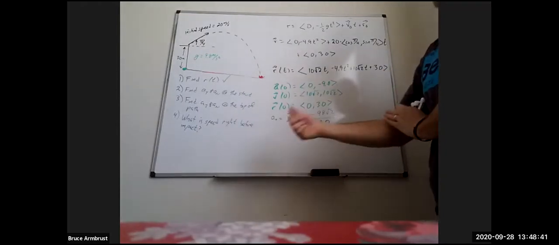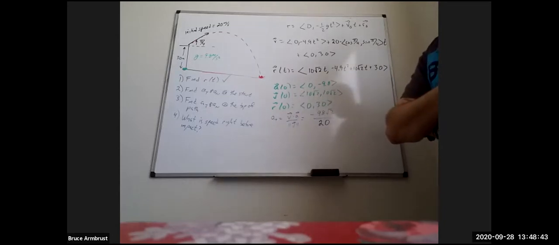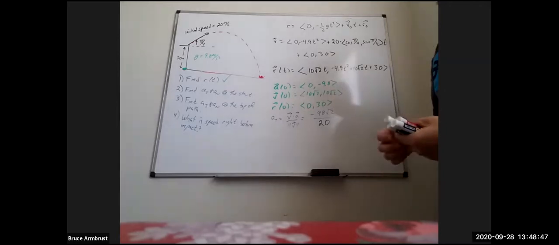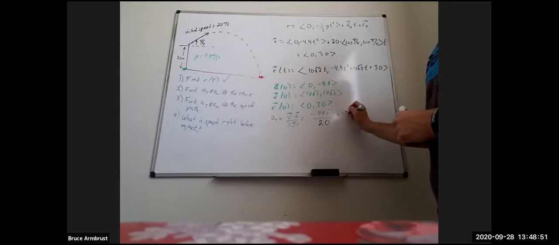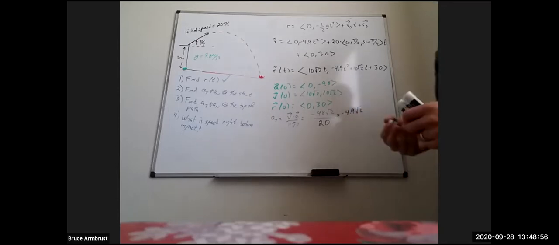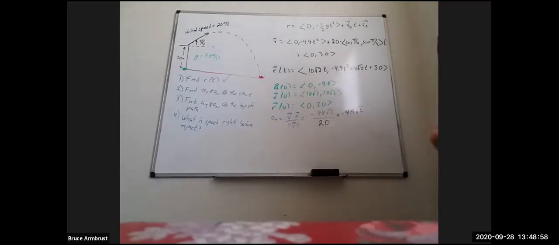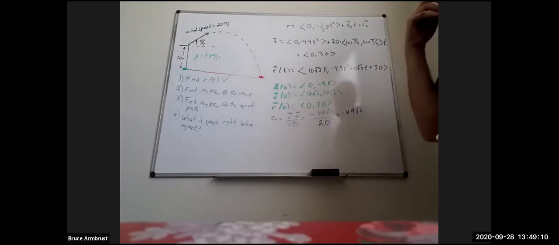And speed is the magnitude of velocity. Oh, tricky. All right, well, anyway, so this is minus 4.9 root 2, which is going to be 7 something. Probably on the order of like 7.4, 7.3, I think. But it is what it is.